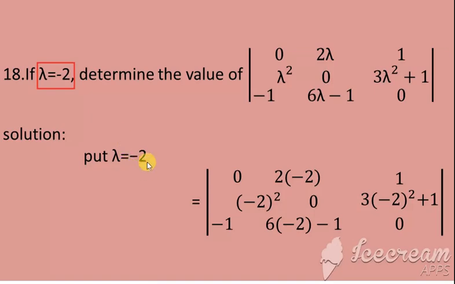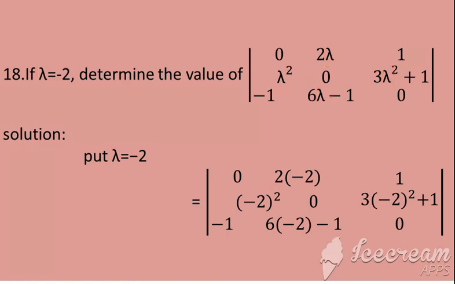So 2 into lambda value -2, 1; next lambda value -2, so -2 square; next 3 into -2 square plus 1; next -1, 6 into -2 minus 1, and next 0.